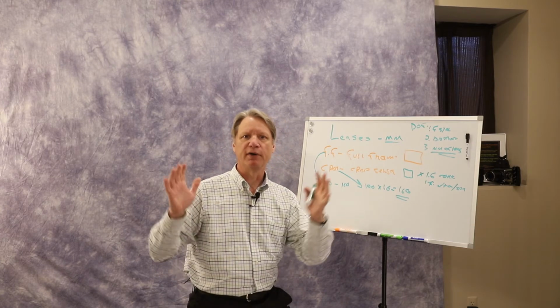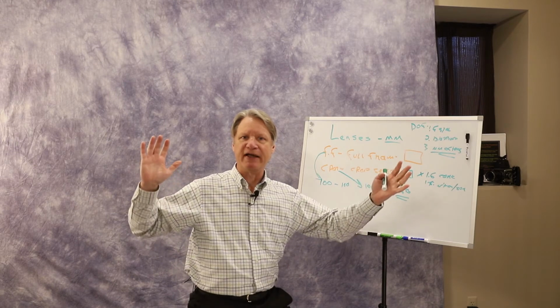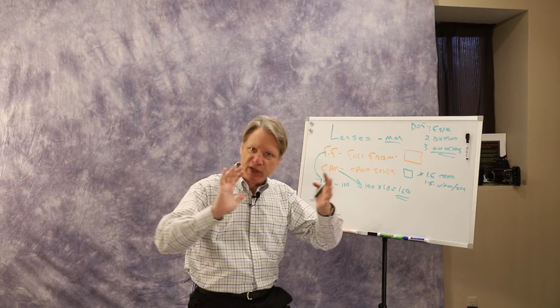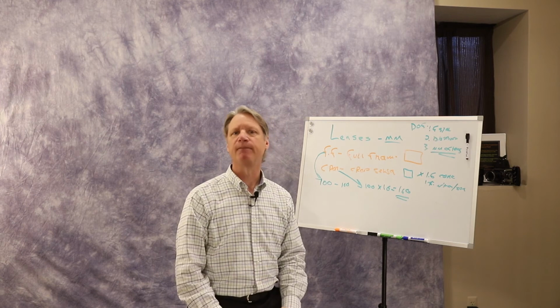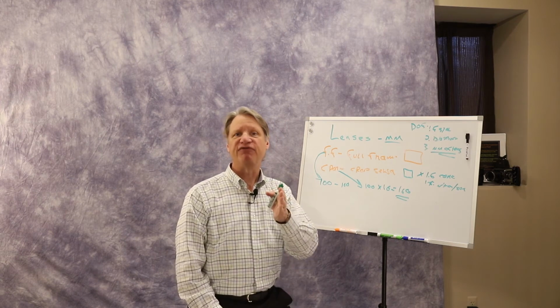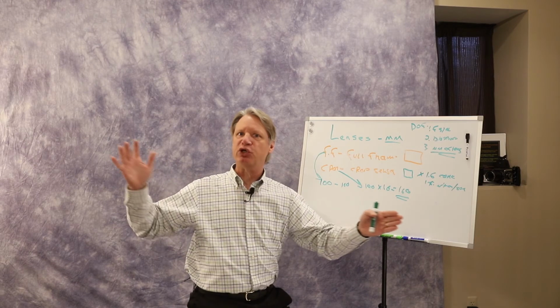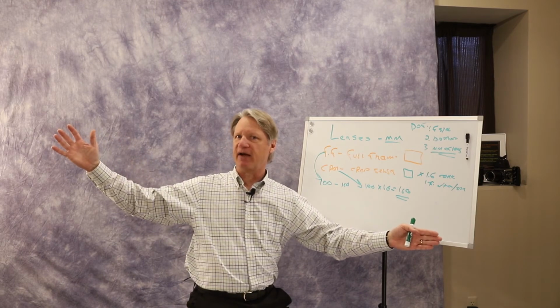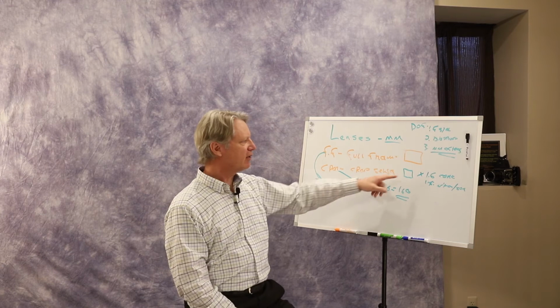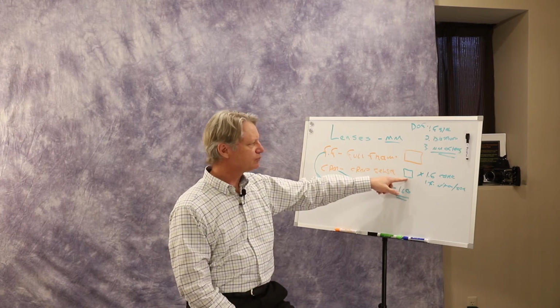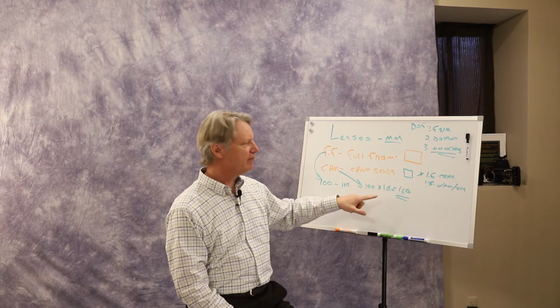So with a 100, 200, 300 millimeter lens, your depth of field shrinks for the same f-stop. With a 50, 40, 30 millimeter lens, your depth of field increases for the same f-stop. So now you're shooting a crop sensor camera and you have a 100 millimeter lens.